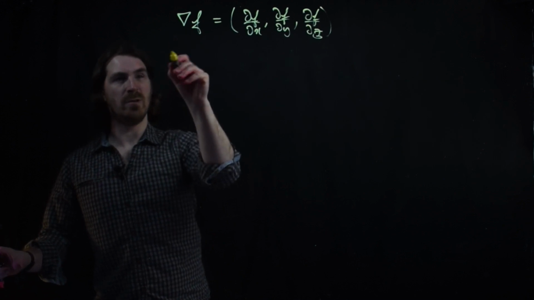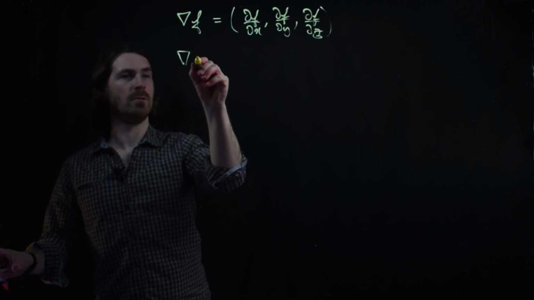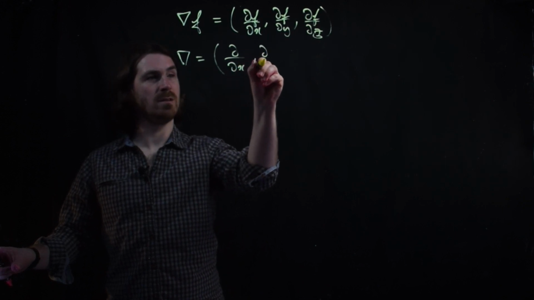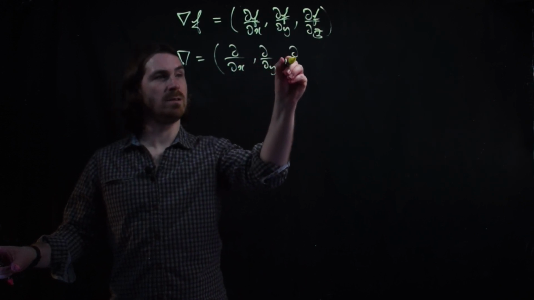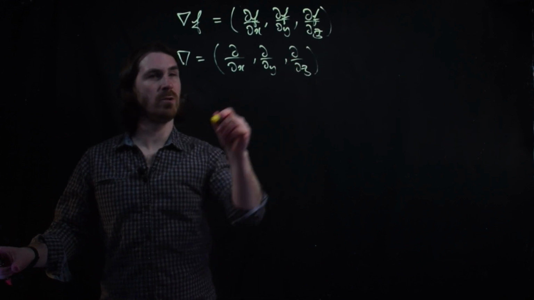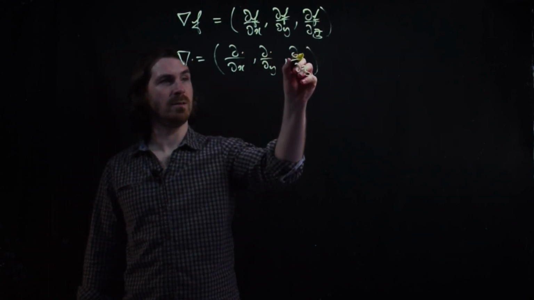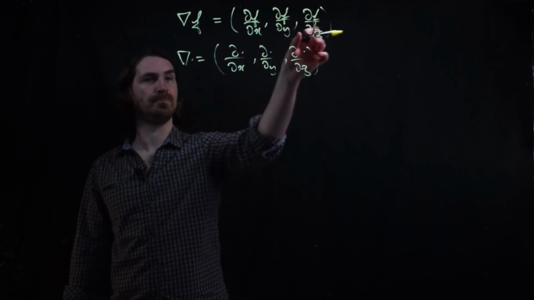And we saw that this nabla operator could be written on its own, d by dx, d by dy, d by dz, where it's understood that it acts on something. In this top case, it's acting on f.